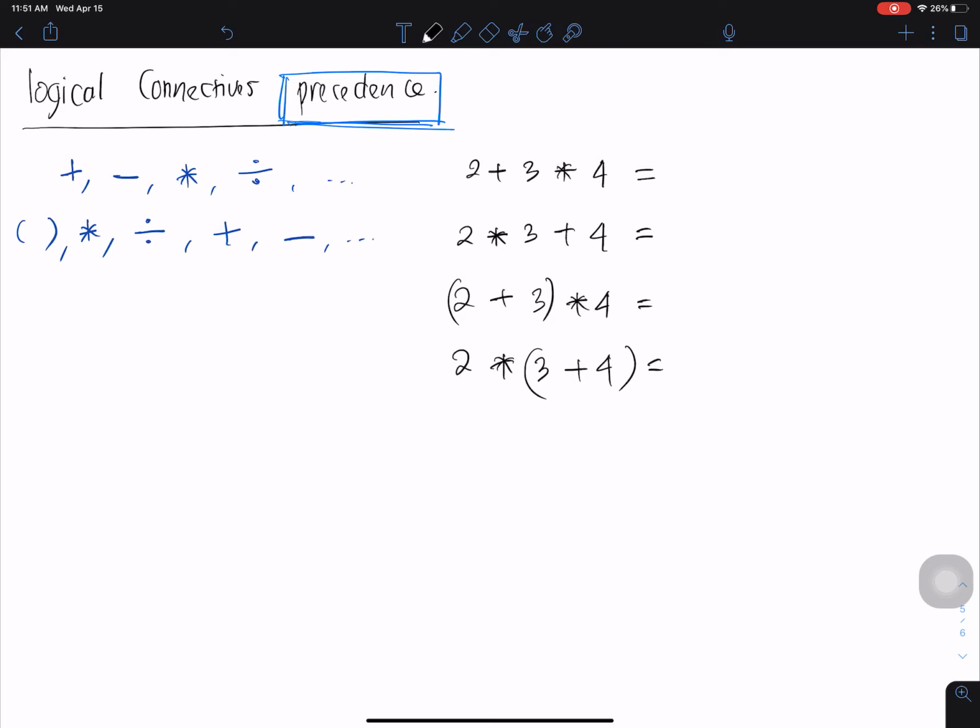You can pause the video first and try to calculate these 4 problems given, and then once you get the answer, you can continue and check whether you get the same answer or not.